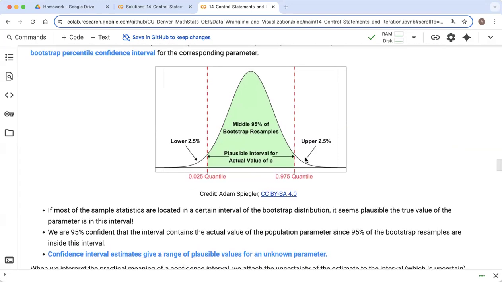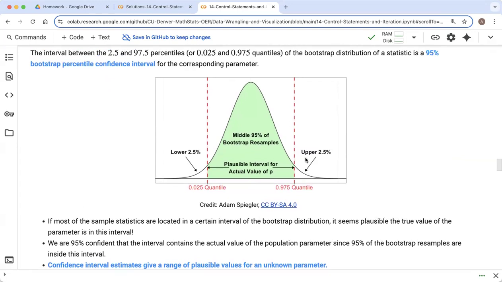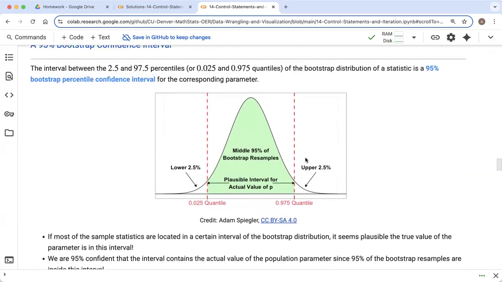So the endpoints of a 95% bootstrap confidence interval we find by finding the 0.025 quantile of the bootstrap distribution. This tells me the lower cutoff. And then I find the 0.975 quantile of the bootstrap distribution, and that tells me my upper cutoff.